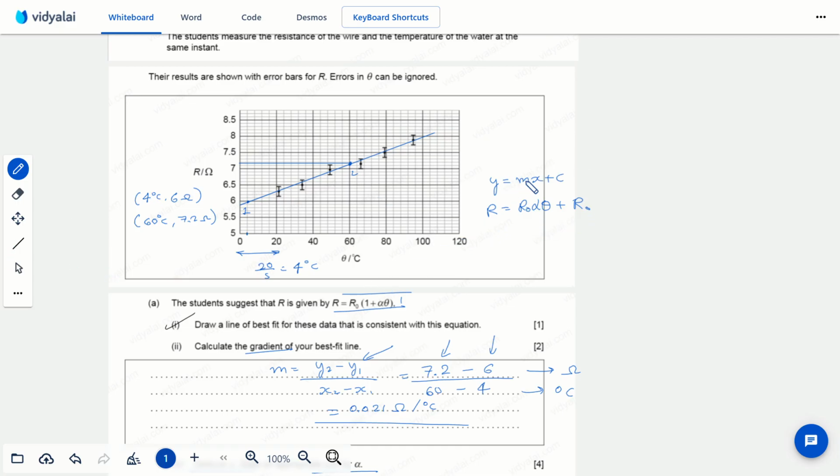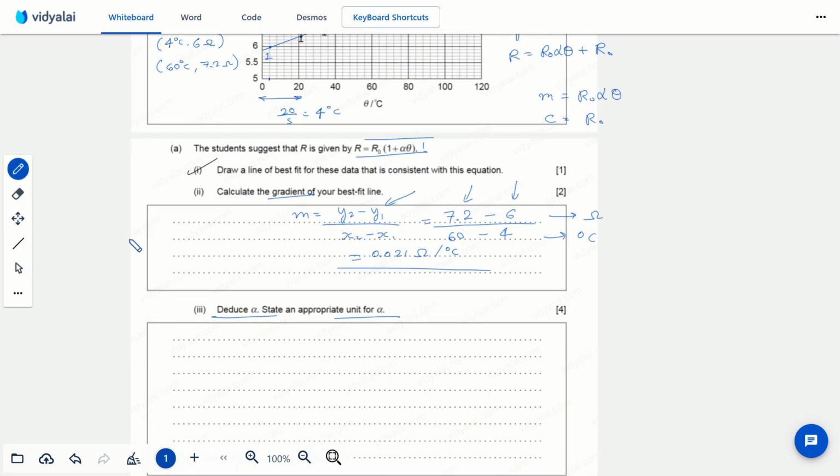So comparing these two equations, we find out that m, which is the gradient, is equal to R naught alpha, and c, which is the intercept, is R naught. So in order for us to find out the value of alpha, we're going to make use of this expression.